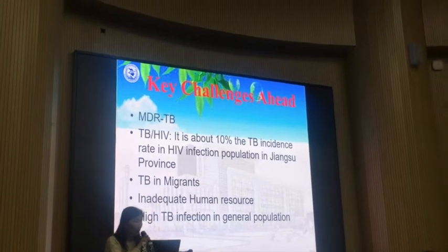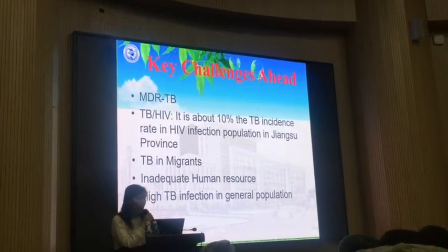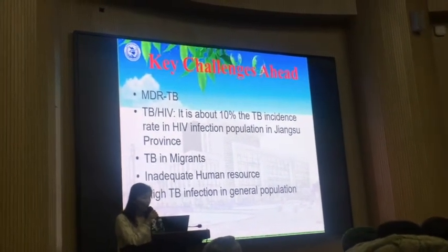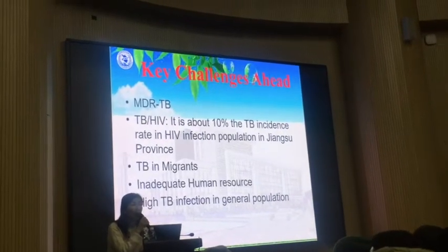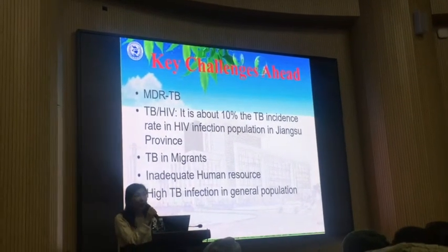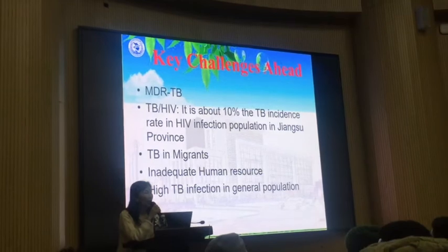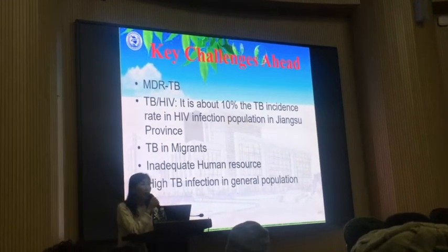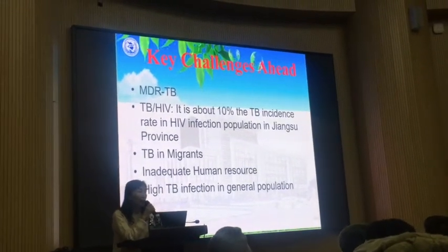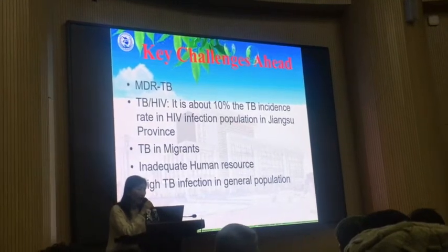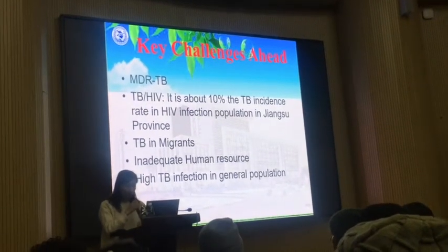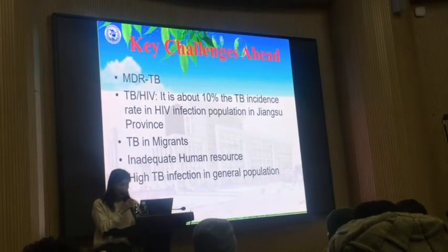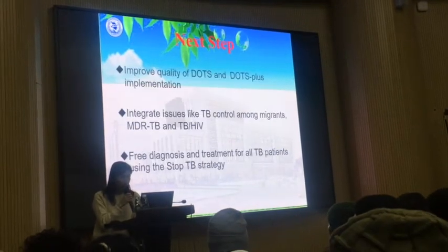Do you know the TB infection rate in our country, in China? About 20% of the population are infected persons. So there is high TB infection in the general population.